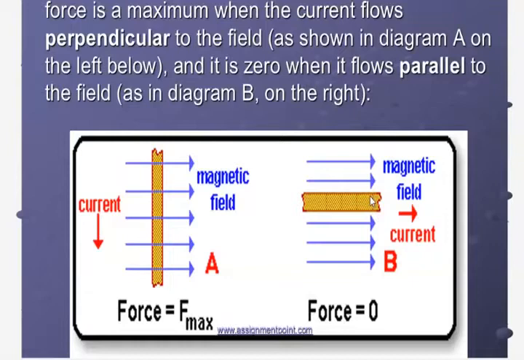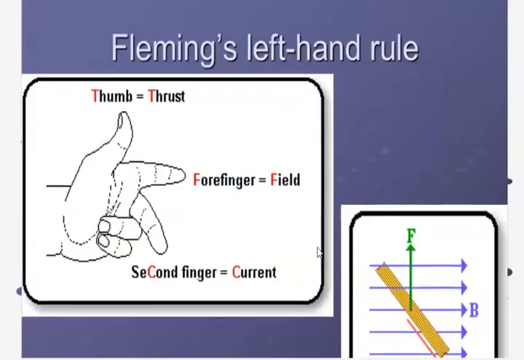Therefore, force is 0. So when a current carrying conductor is placed parallel to the magnetic field, then no force is experienced by the conductor. But when it is placed perpendicular to the magnetic field, then it experiences maximum force. And this concept will be used.